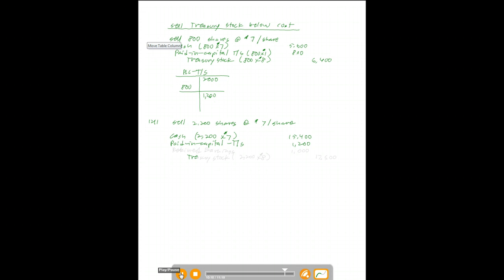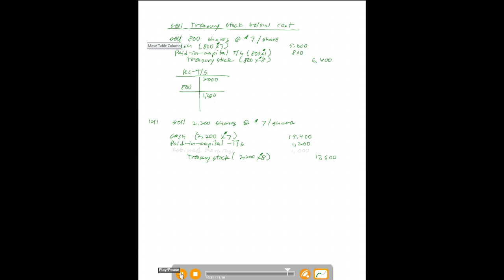Our treasury stock is going to be credited for 2,200 times what we paid for it, $8. So the difference between our debits and credits is $1,000.